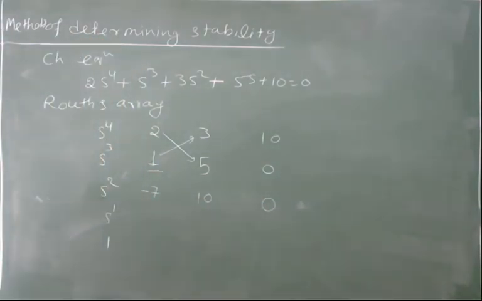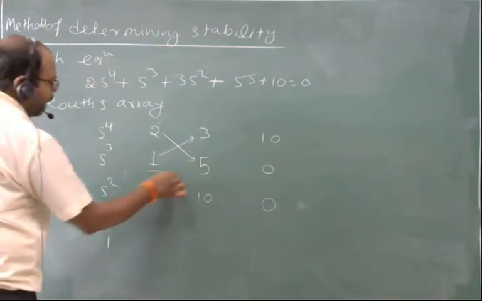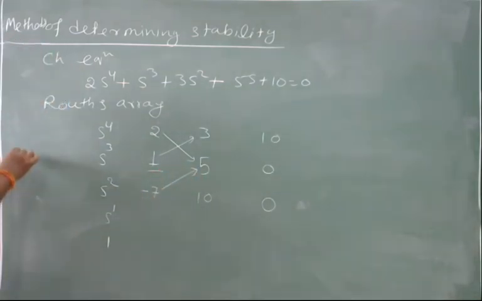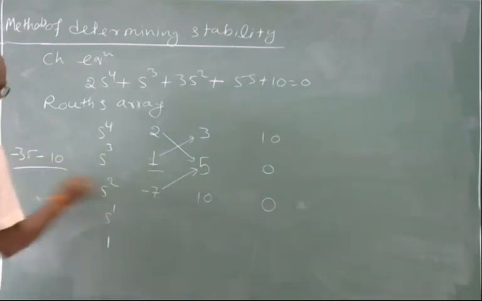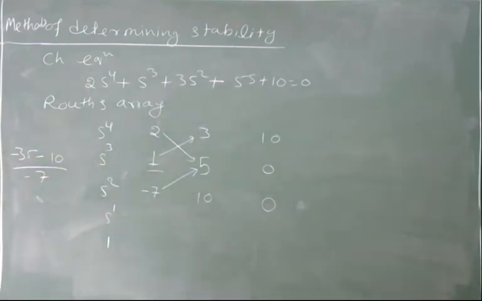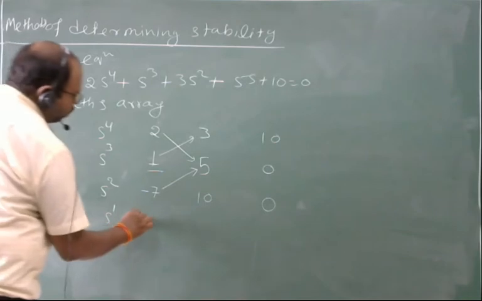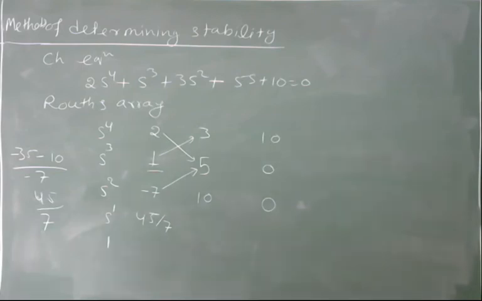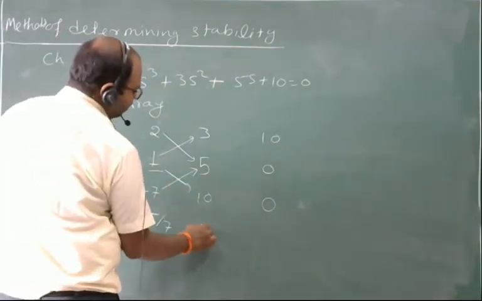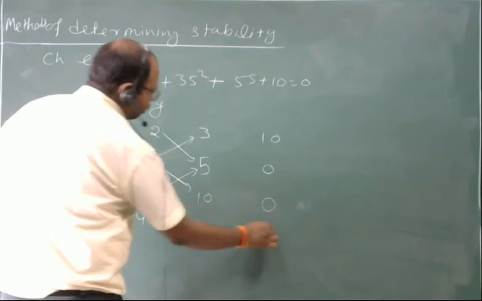Next, for this row, minus 7 into 5 is minus 35, minus 35 minus 10 divided by minus 7, which is equal to minus 45 by minus 7. So 45 by 7. Here all are 0 and here also 0.